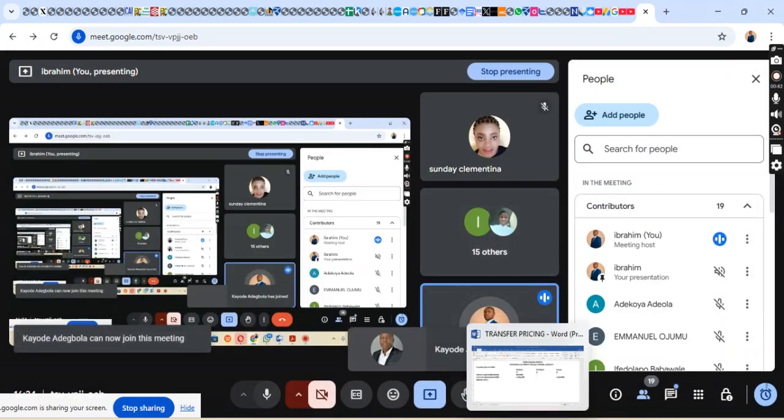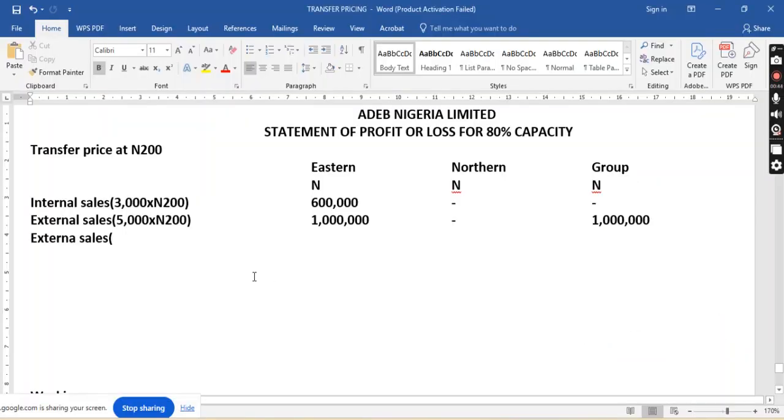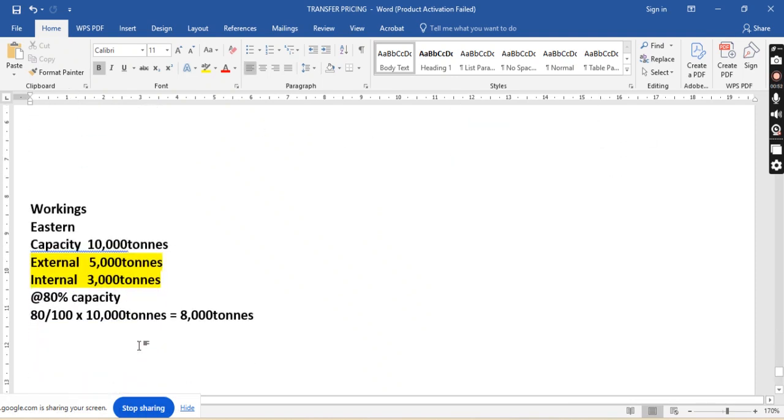So in this case, we can have 3,000 tons. If you multiply by the blocks, Northern will buy 3,000 tons and then sell 3,000 times 10 blocks.